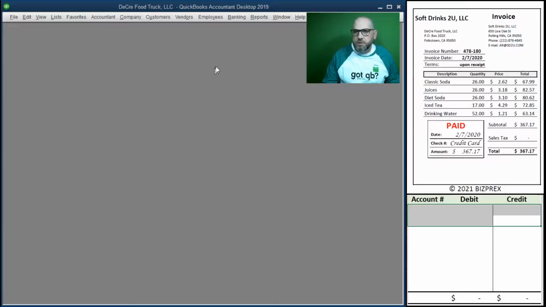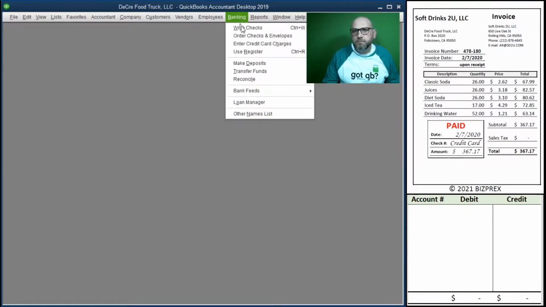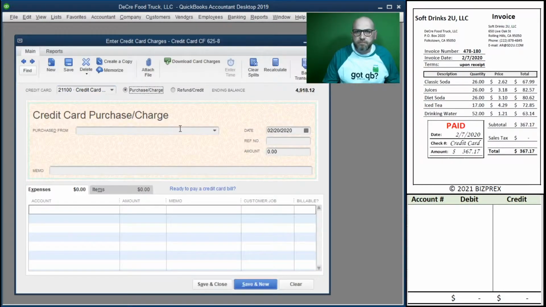Our next one is a credit card. What do we have here?